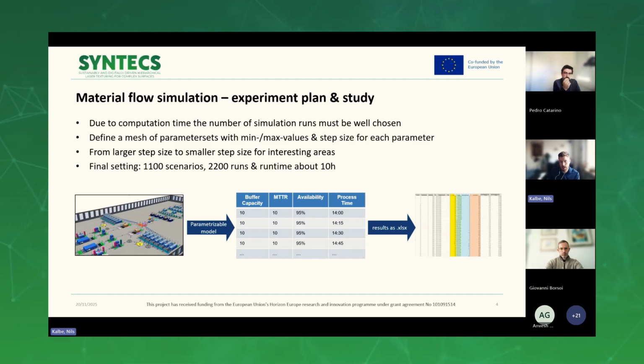So we started from larger step sizes to smaller step sizes for the interesting areas we found, and in the final setting we took about 1,100 scenarios and 2,200 runs in a runtime of about 10 hours. So we have our parameterizable model, our simulation studies with the several parameters, and as an output, we have our results as an Excel file, for example, which you can use for further analyses.